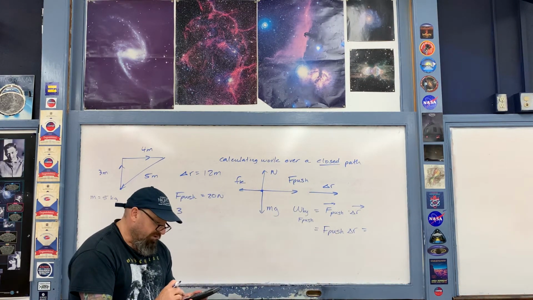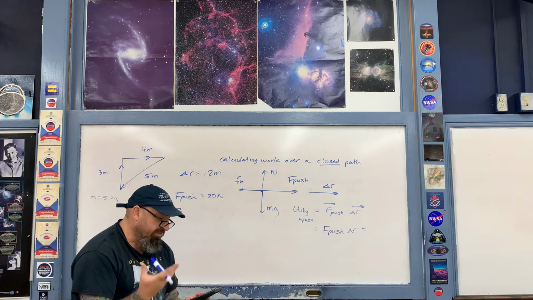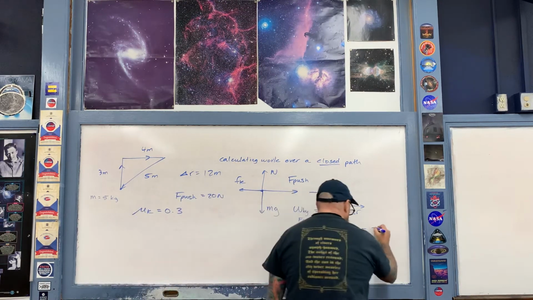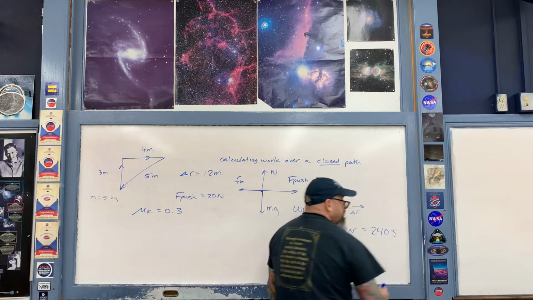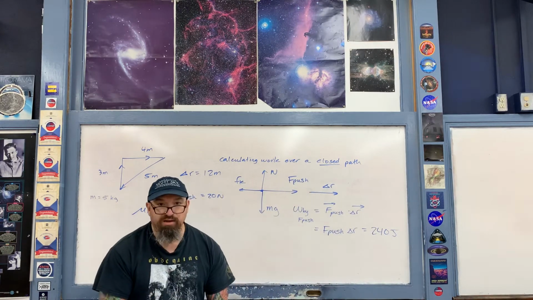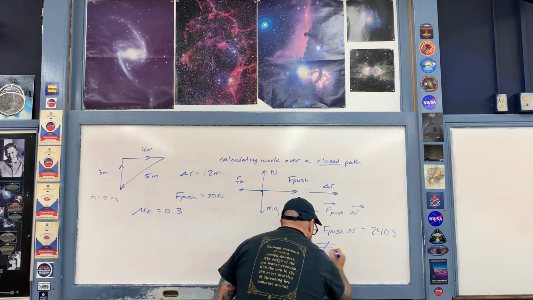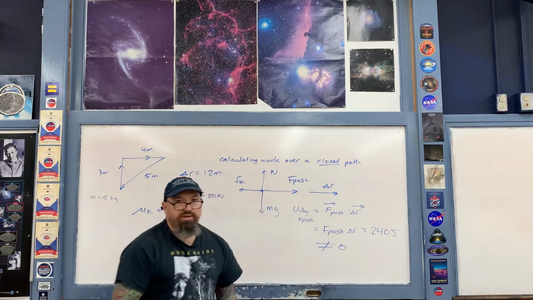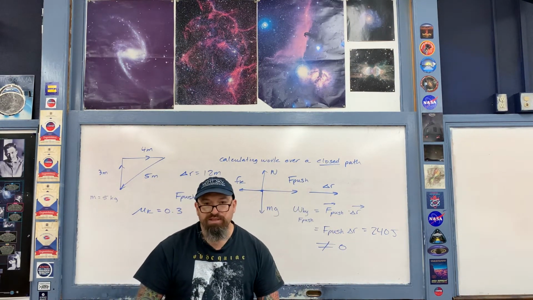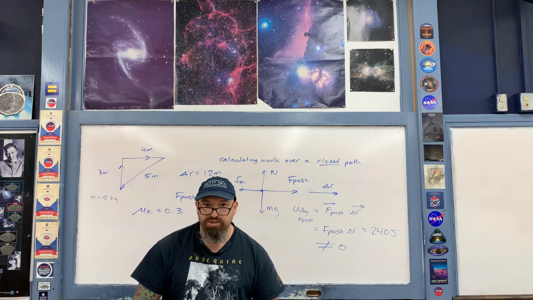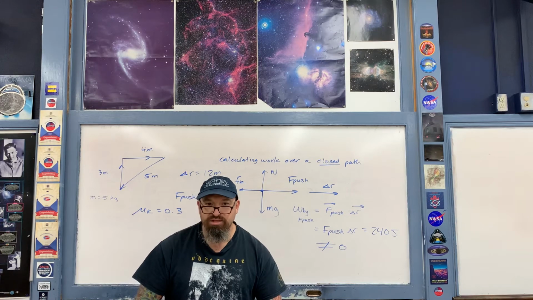Now numerically, let's go ahead and calculate this value. So F push was given to us as 20 newtons and then multiplied by the displacement of 12 meters, and this is 240 joules. Of course this is easy enough to calculate, but notice what it's not equal to. It's not equal to 0. So then therefore a manual pushing force is a non-conservative force, and in this case this non-conservative force adds energy to the chair.